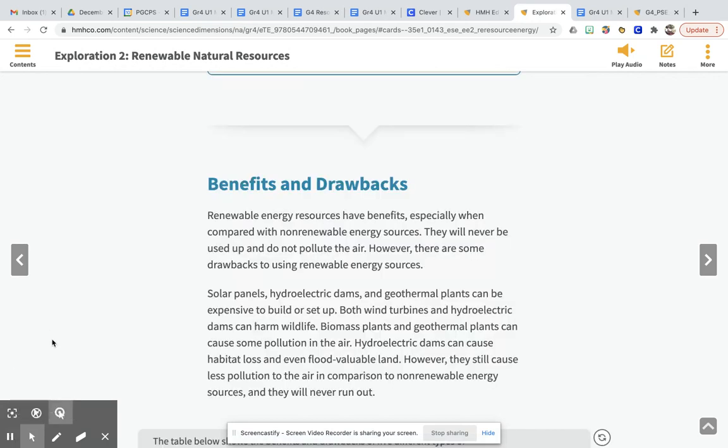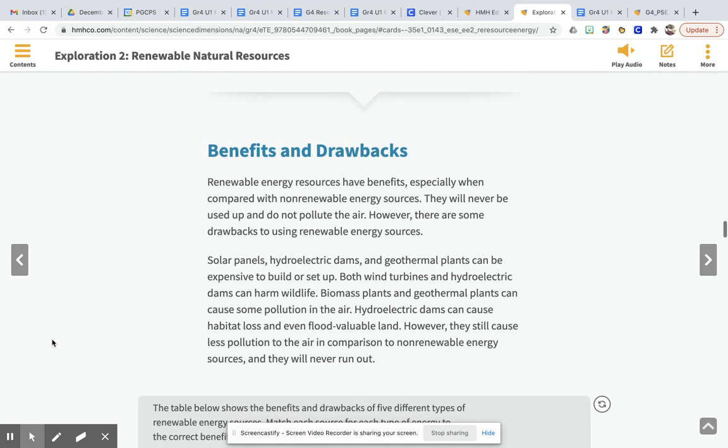Well, let's get specific for a second about these benefits and drawbacks. And so it says renewable energy resources have benefits, especially when compared to non renewable energy sources. They will never be used up and do not pollute the air. However, there are some drawbacks to using renewable energy sources. Solar panels, hydroelectric dams, and geothermal plants can be expensive to build or set up.